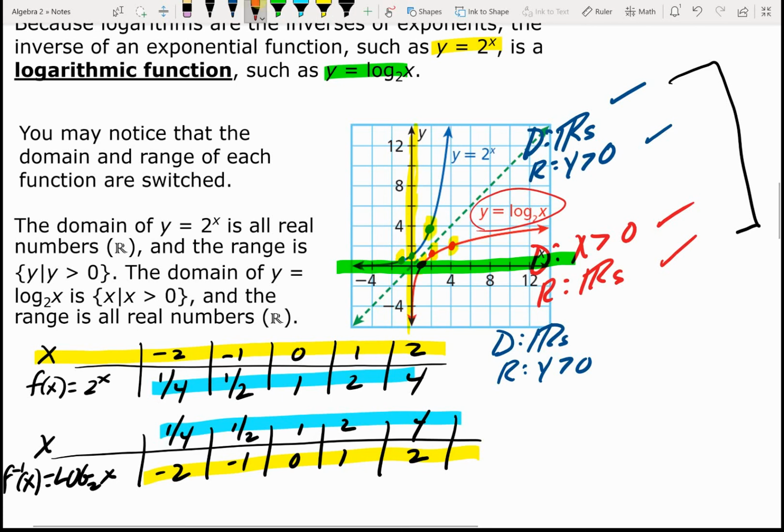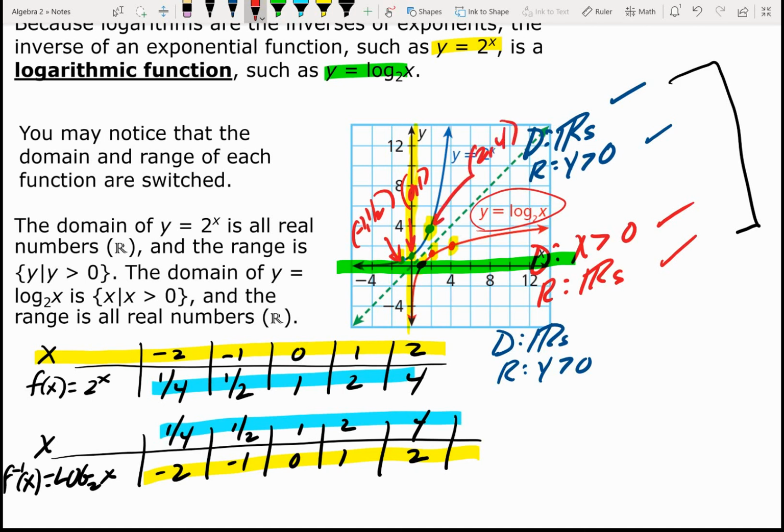When you graph, I do want you to indicate specific points on that graph. For example, that point is -1, 1/2. This point here is 0, 1. And this point here is 2, 4.